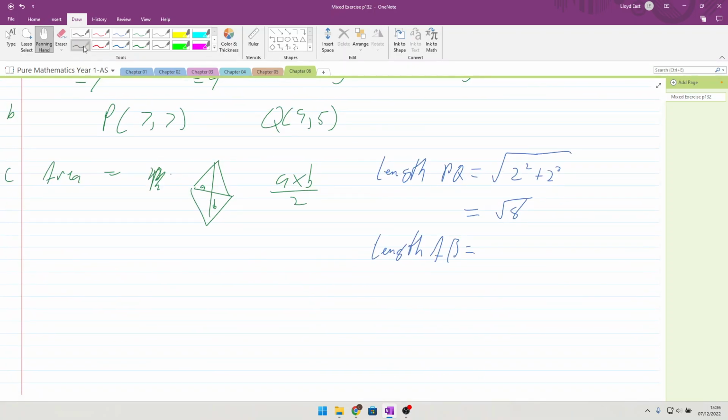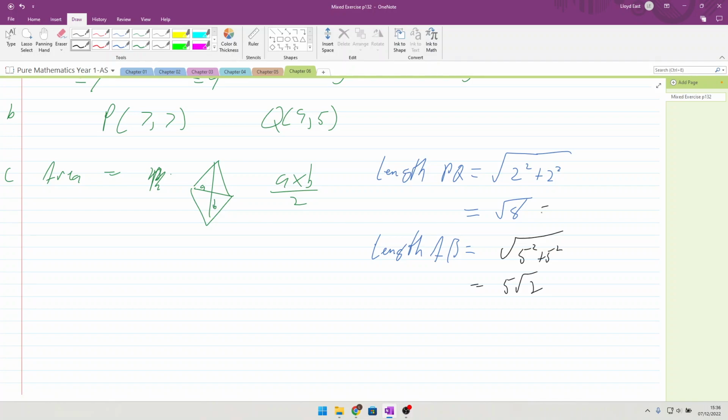So we have the square root of 5 squared plus 5 squared, which is 5 root 2.